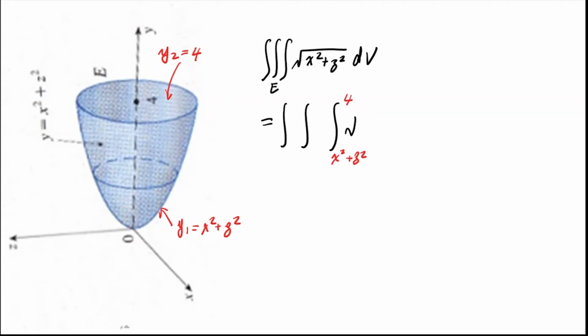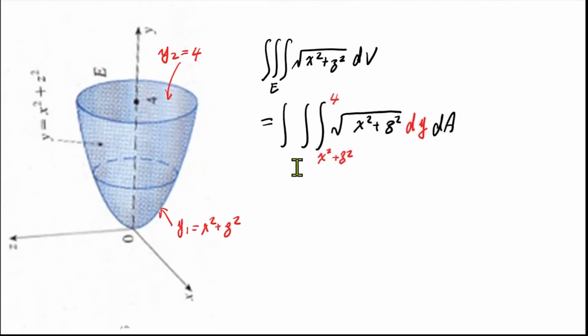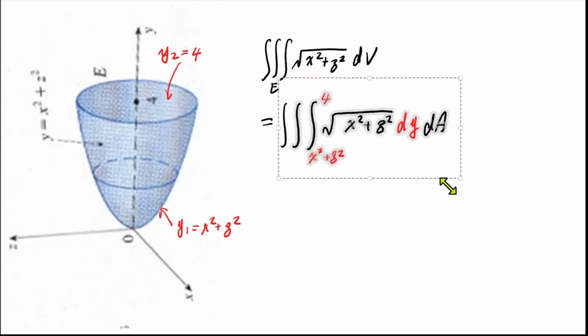And we have the rest of the function, square root of x squared plus z squared. And then we have dy, and that y is ugly. And then the rest of them, I'm gonna put still dA. How about that? Turns out I didn't need all that space. You with me? And then dA.